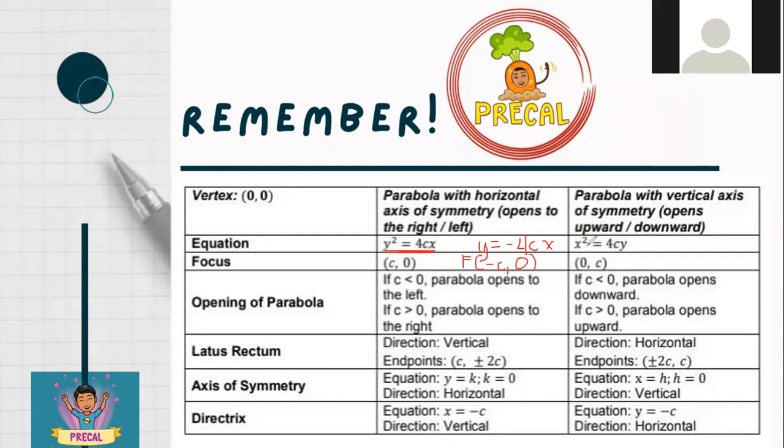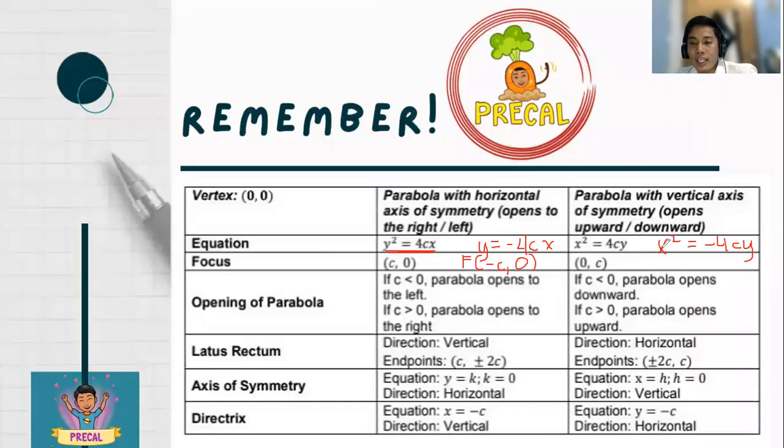And for this one, we also have x squared is equal to negative 4cy, meaning this is a parabola which opens downward. For an upward parabola, the focus is at (0, c), and for a parabola which opens downward, it's at (0, negative c).